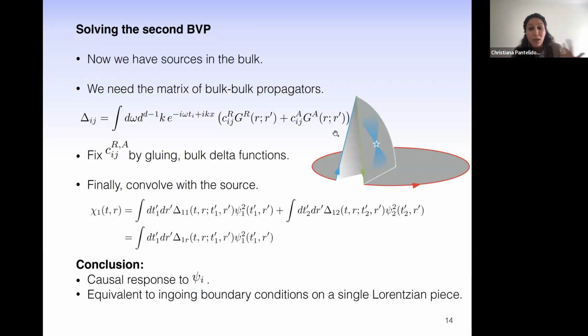So in order to compute other correlators, we need to consider potentially other choices, in particular J1 equal to minus J2. And in that case, it's not clear whether the influence will be only in the future, which is essentially what the ingoing boundary conditions are.